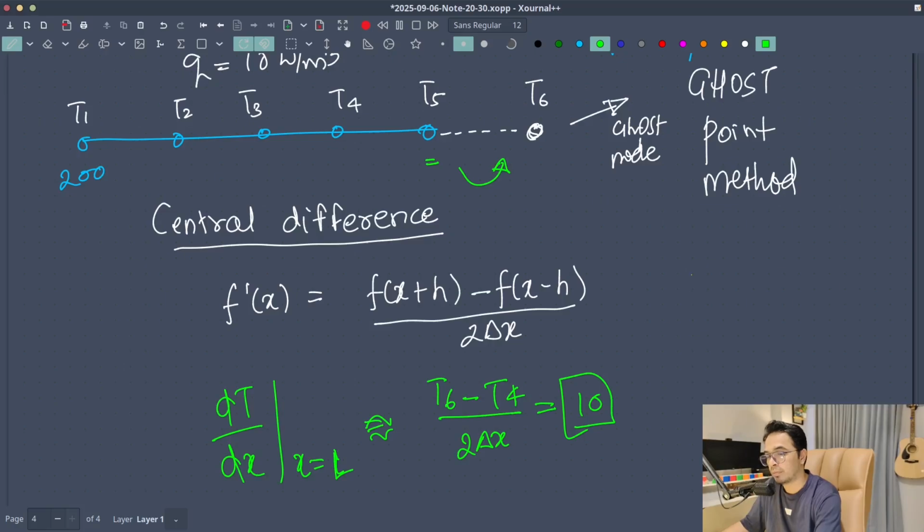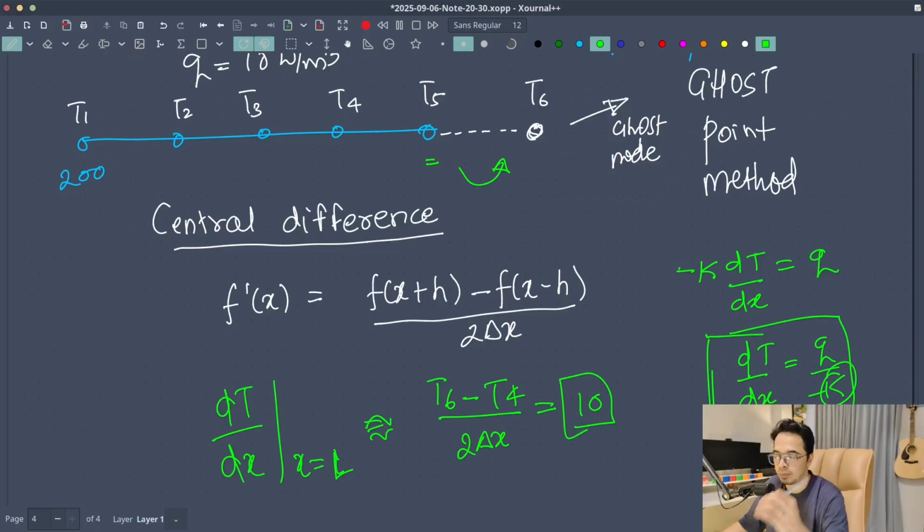Because if you remember Fourier's law, minus k dT by dx is equal to q, and therefore dT by dx is equal to q divided by minus k. Hence, when you want to solve this problem, you should also ask what is the value of conductivity. Now let us assume that the conductivity is 10, q is also 10.